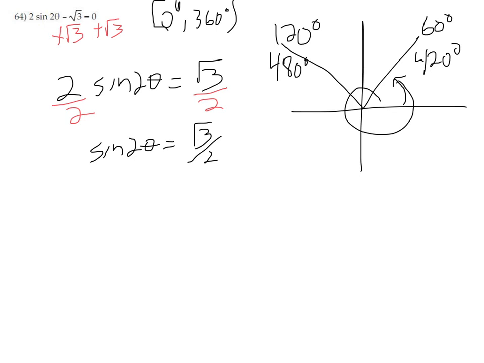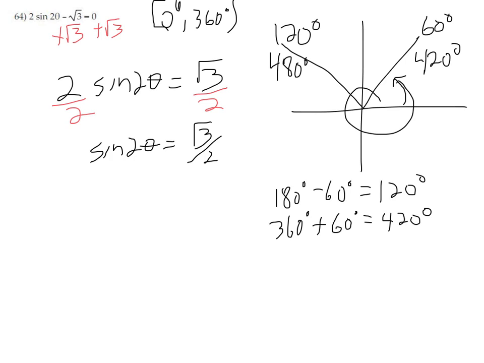Where these values come from: 60 and 120 is easy, 180 minus 60 gives you the 120. 360 plus 60 gives you the 420. 360 plus 180 minus 60 gives you the 480.